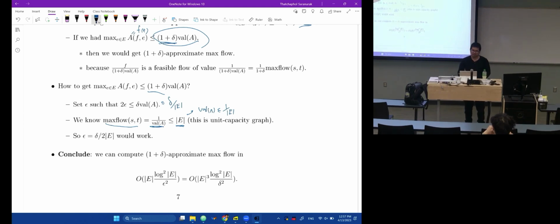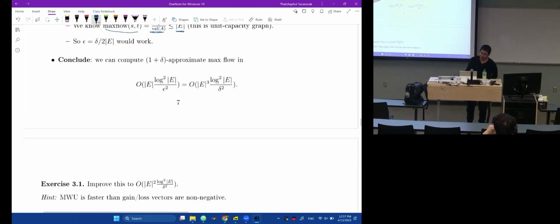And by the way, there is a way to improve this easily to E squared, but I will not go through it. And in my work, I actually improved it to nearly linear using this approach.